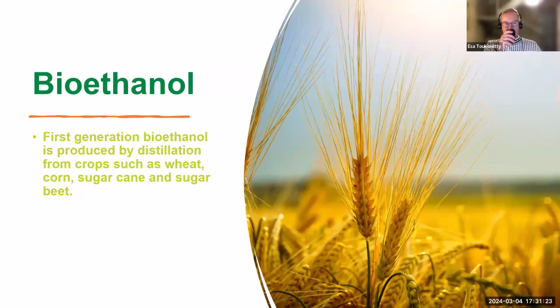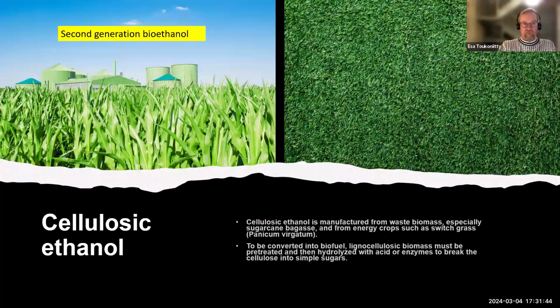But this so-called first generation bioethanol is in any case made from edible materials, the same materials that we make alcoholic beverages from. Then there is the so-called cellulosic ethanol. The production process is different, but of course the end product ethanol is always the same.